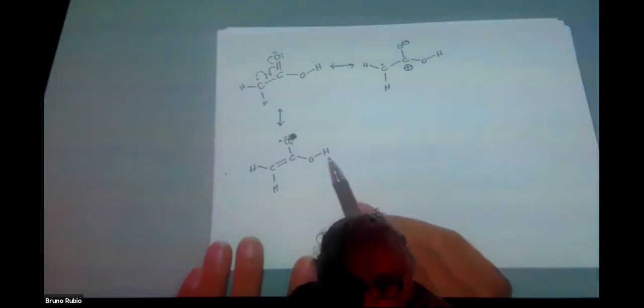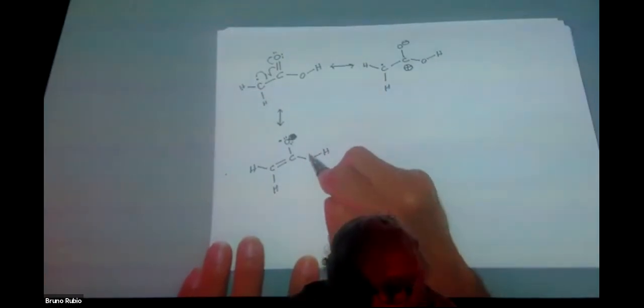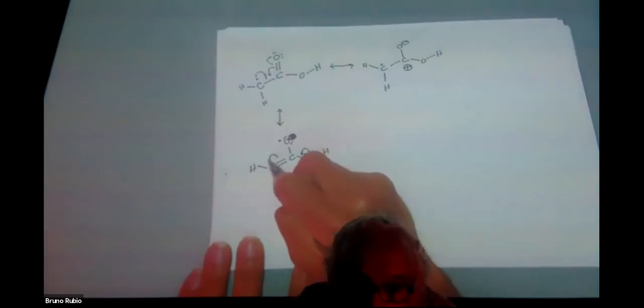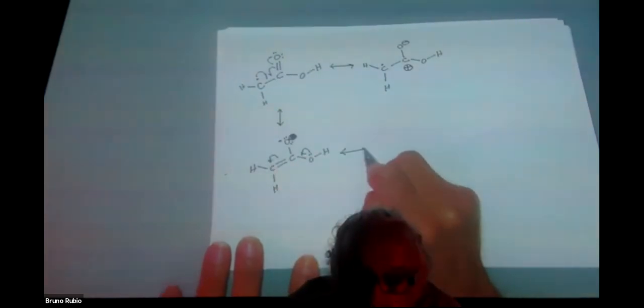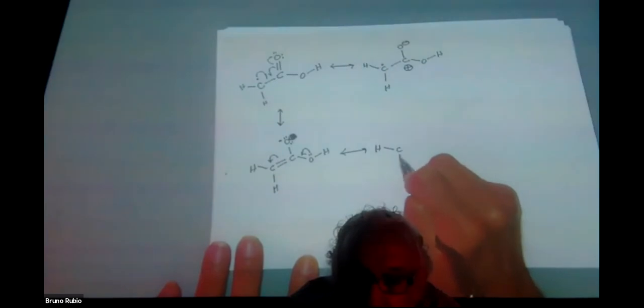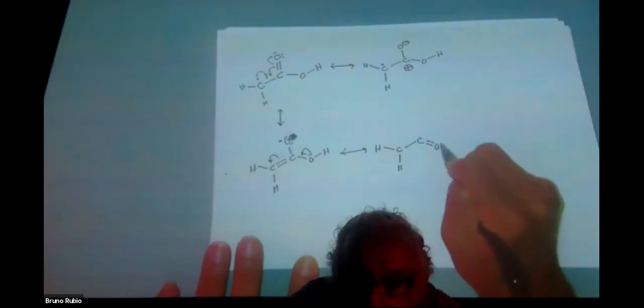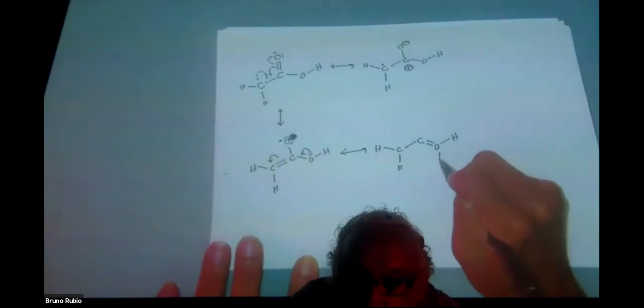Okay, now I can draw another resonance structure that ignores the dot. I'm just leaving that dot on the oxygen alone, and I'm writing a resonance structure that ignores the dot.